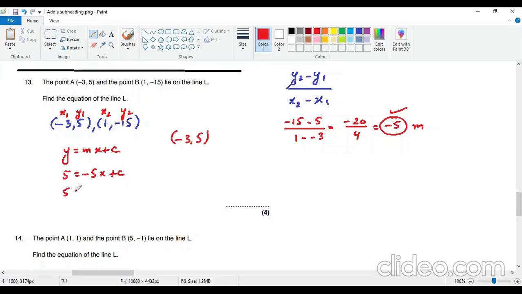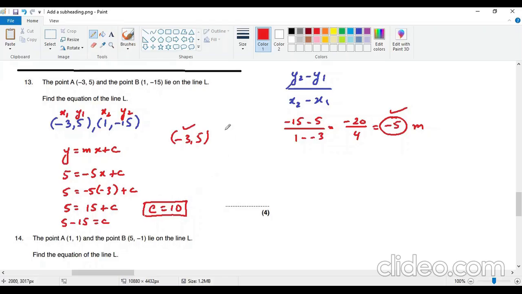Here 5 equals minus 5 multiplied by minus 3, plus c. So this gives plus 15 plus c. That means 5 minus 15 equals c, so c is equal to 10.